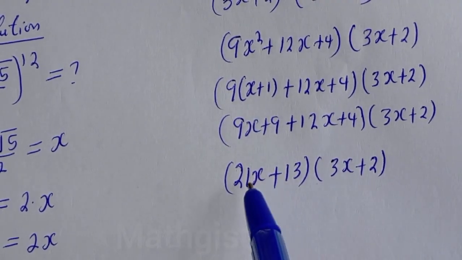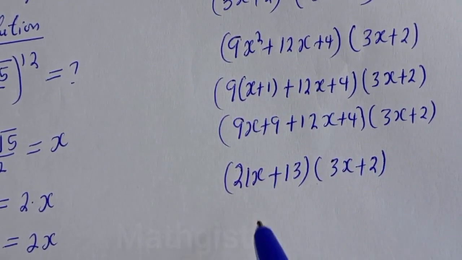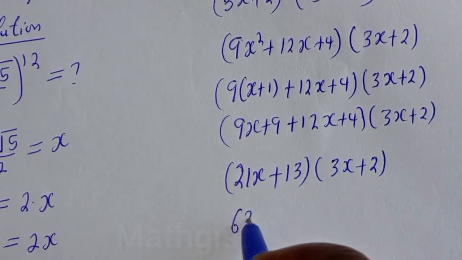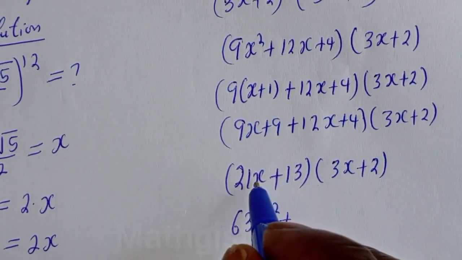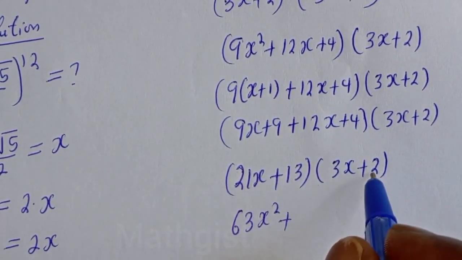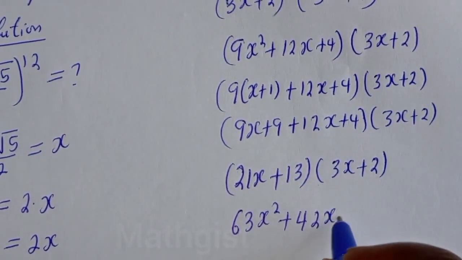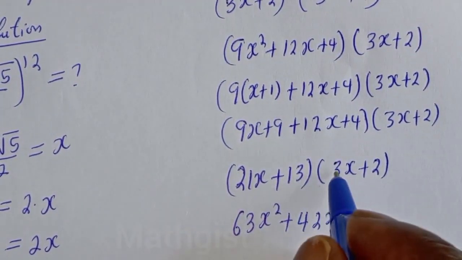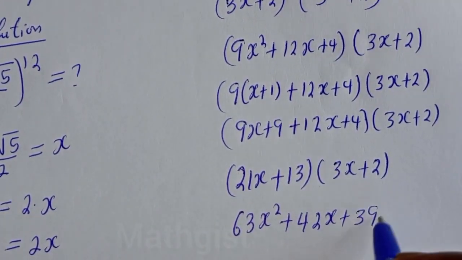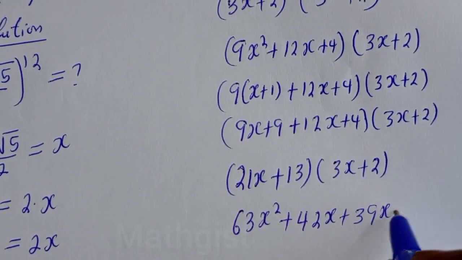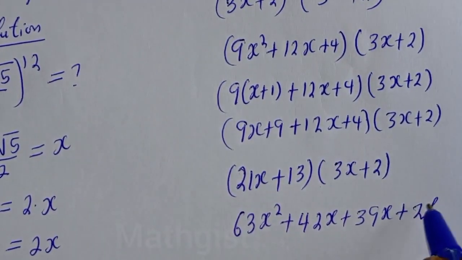Now let's multiply our 21x by 3x. This is 63x squared plus 21x multiplied by 2, that is 42x. Plus 13 multiplied by 3x, it is 39x, plus 13 times 2, 26.